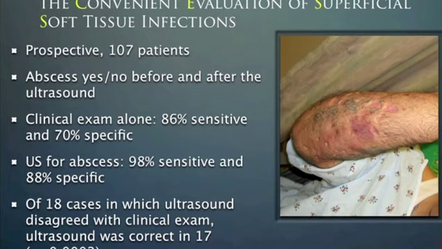The clinical exam seen here shows poor test characteristics, but for ultrasound, the test characteristics were much better. In fact, there were 18 cases in which ultrasound disagreed with the clinical exam, and the ultrasound was correct in 17 of those 18 cases with a significant p-value.